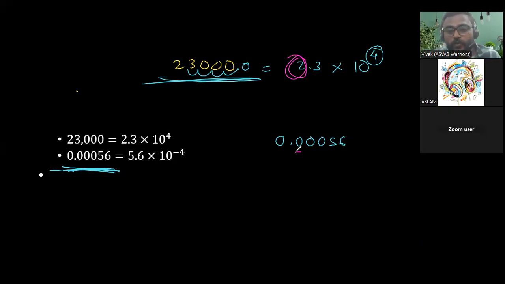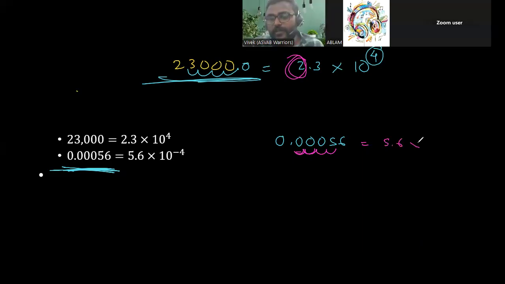What do we need to do? Move the decimal to the right. 1, 2, 3, 4. So this will become 5.6 times 10 to the power minus 4, because it was less than 1. You take a negative power.